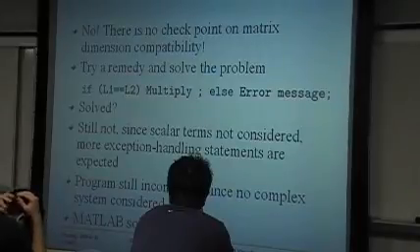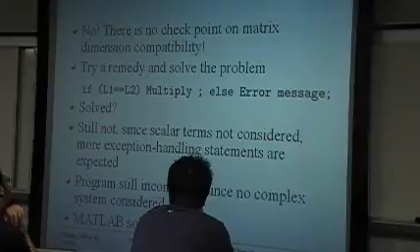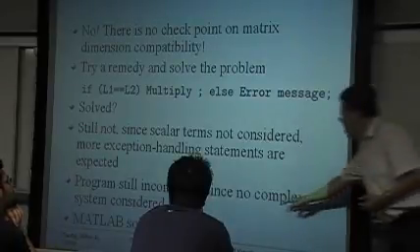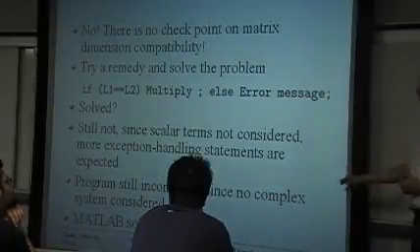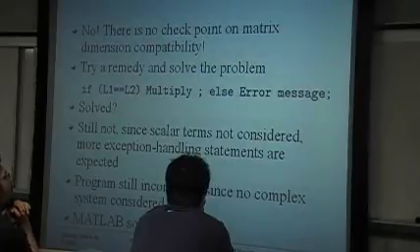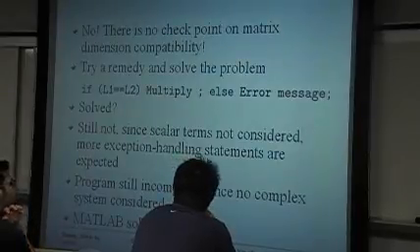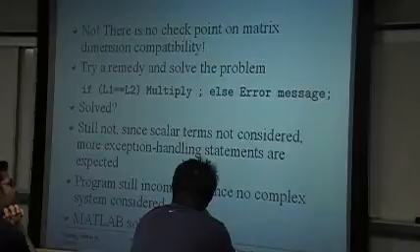So in low-level programming there could be errors, but in Matlab, what we use is C equals A times B. If they are compatible, then we can get the result. If they are not compatible, then there is an error message. A and B could be complex matrices as well.